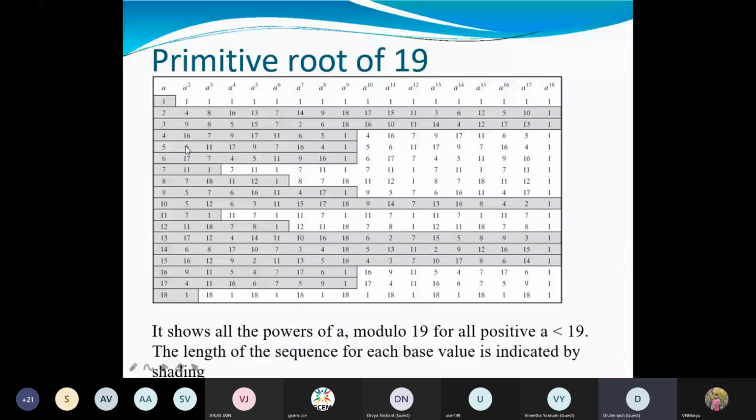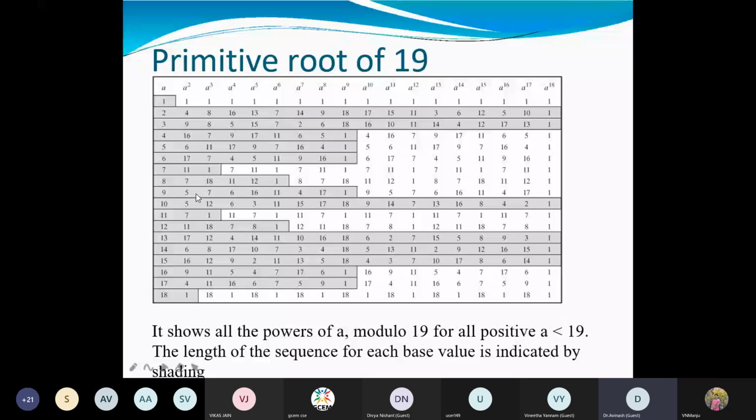And for the other numbers, 6 square is 36, and 36 modulo 19 is 17. Like that. When we say 7 square, that is 49, we obtain the remainder 11. So this is the primitive root of 19.